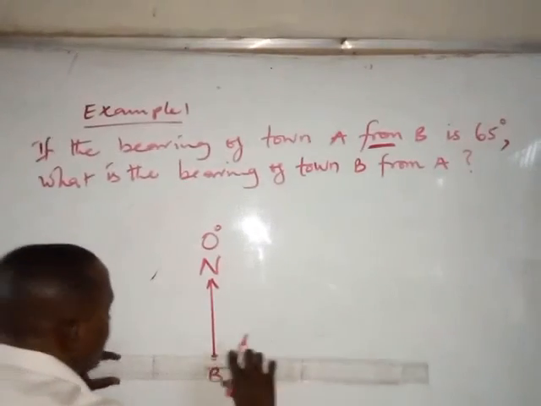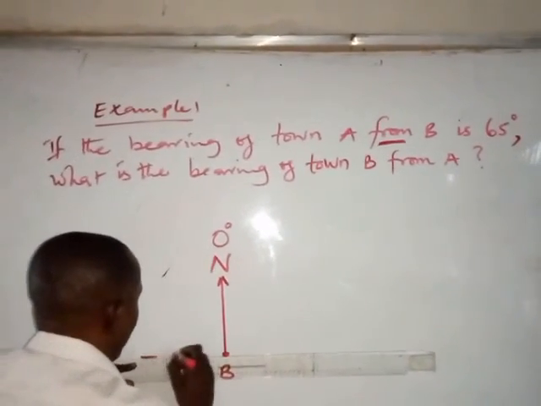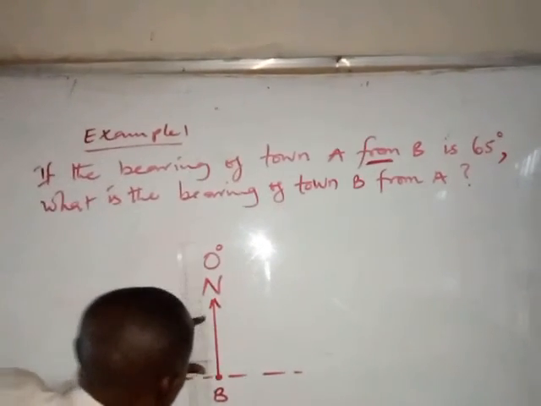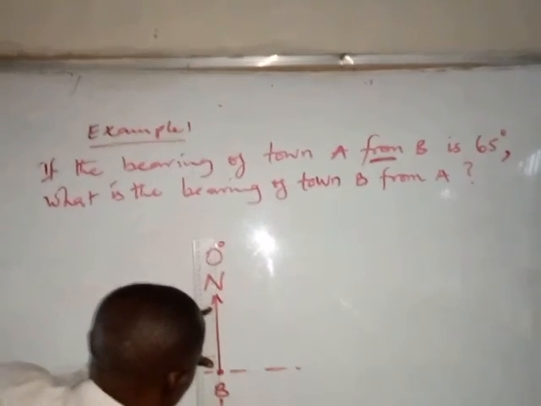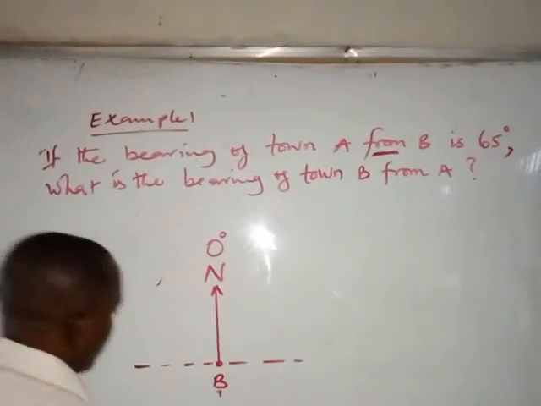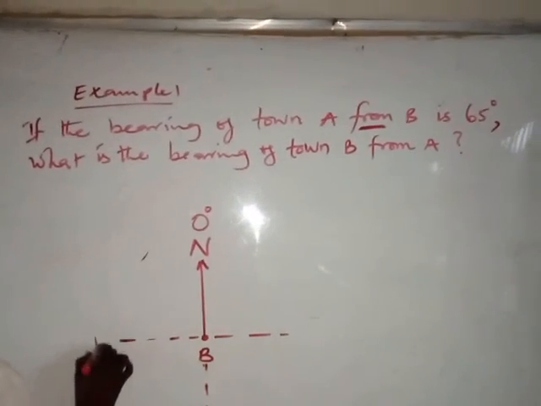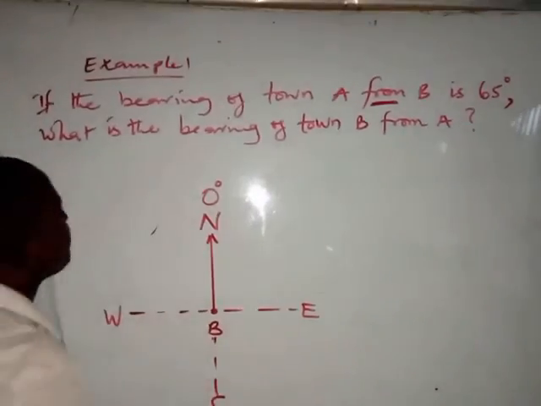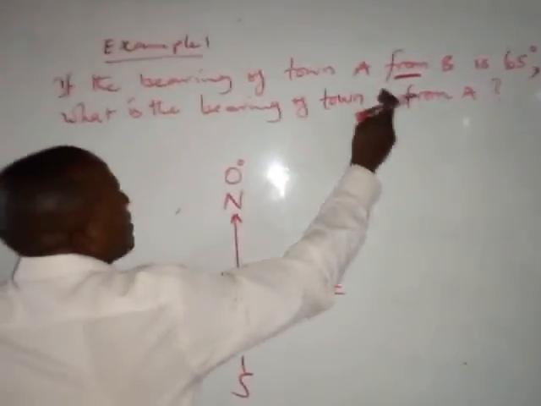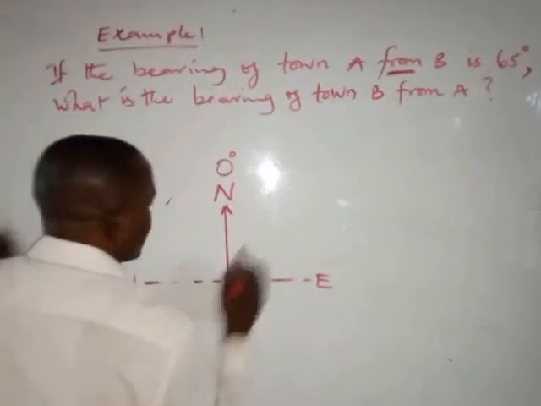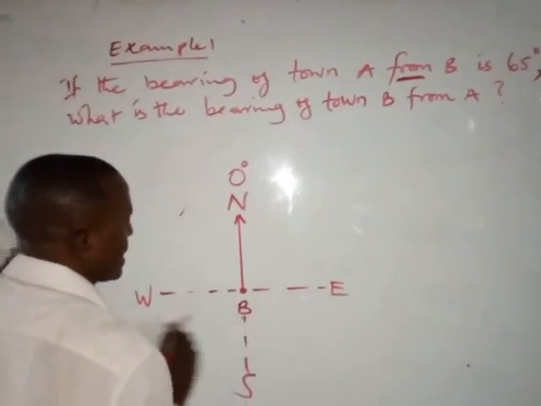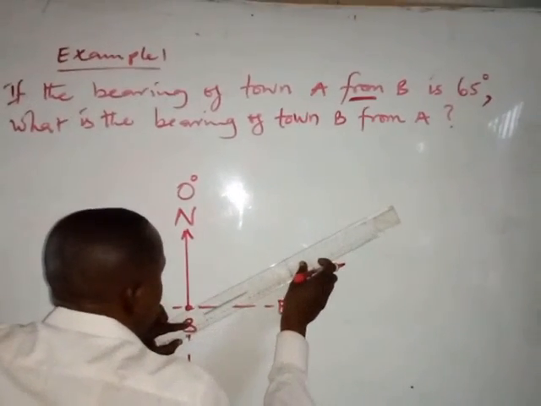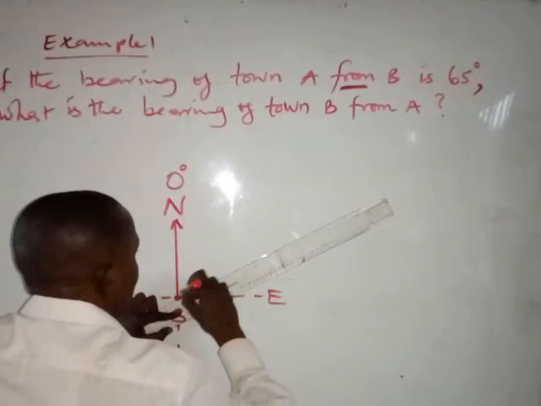Now, you know, this is my cardinal points, which of course, you know. Okay? We have our two main poles, which is my north pole and the south pole. Here I have my west and then I have my east here. Right? Good. Of course, the bearing of town A from B is 65 degrees. Of course, you know, from here down here is 90 degrees. So, 65 degrees is somewhere along here. Watch.